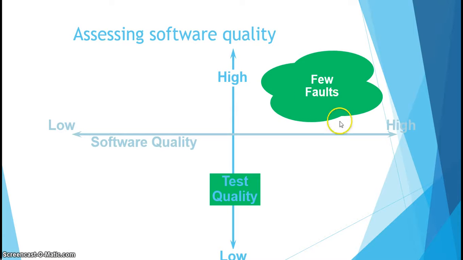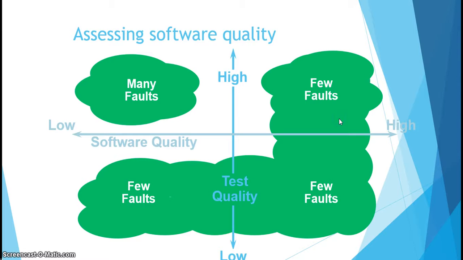Now, we are saying we are here in few faults, with test quality high and software quality high. Now, let us think about this for a sec. You have many faults, so then obviously your software quality is low and your test quality is very high. But instead of being in the few faults where you are saying software quality and test quality is high, you could also be here, right?